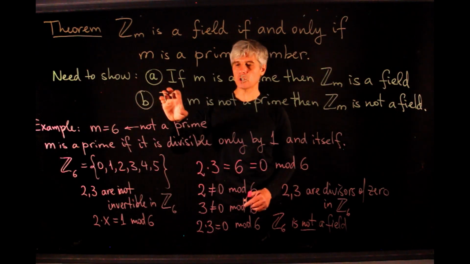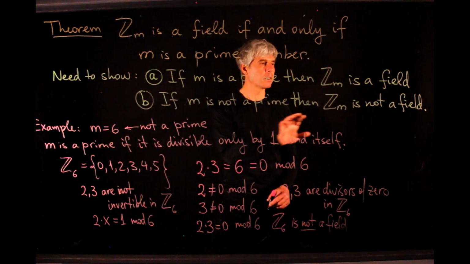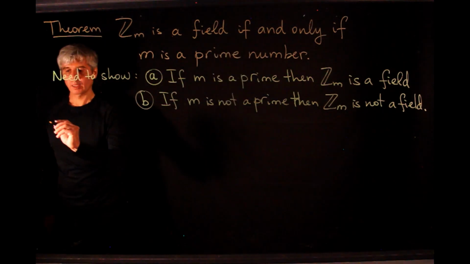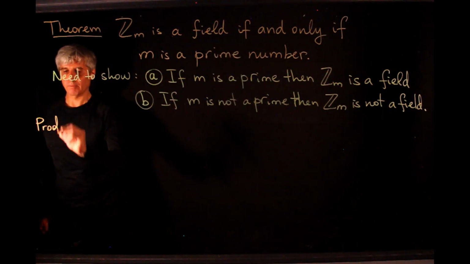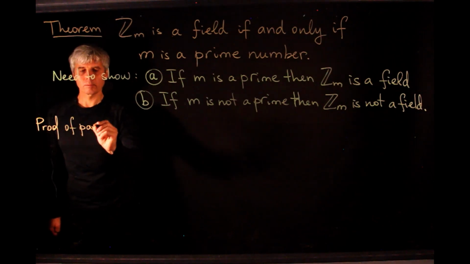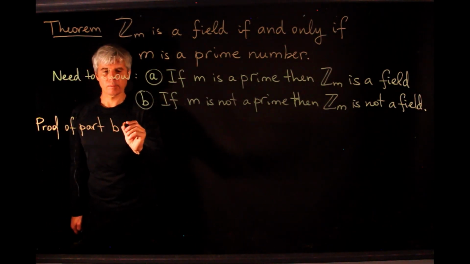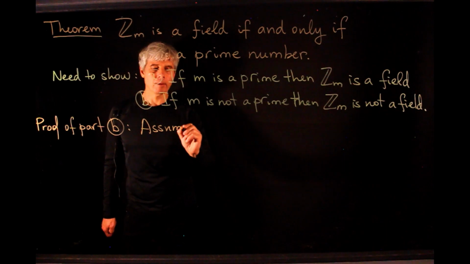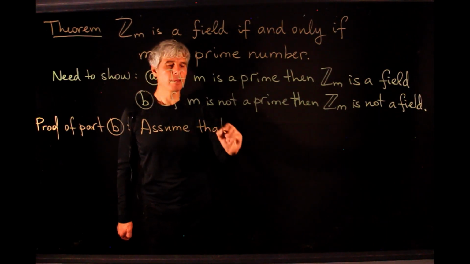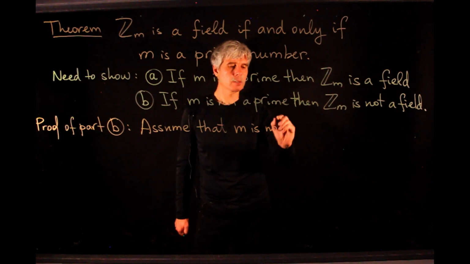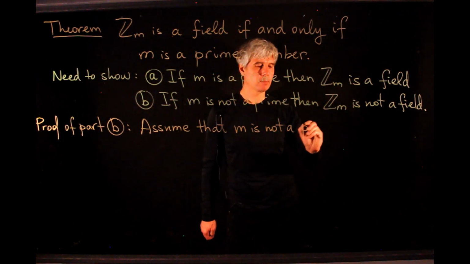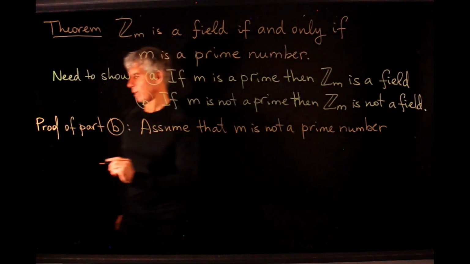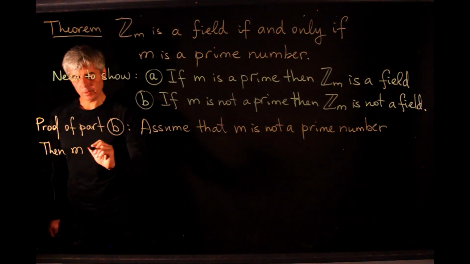So now we can easily show that if m is not a prime number, then Zm is not a field. Let us write down a formal proof of this. Proof of part B. So assume that m is not a prime number. Then m is composite.